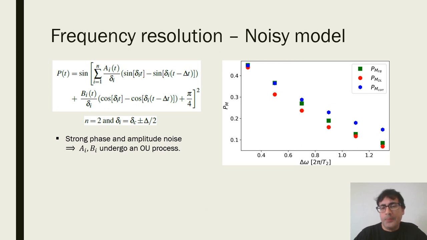This is delta omega. Here we see that the deep learning method performs slightly better than the full Bayesian method that we use with respect to the Ornstein-Uhlenbeck processes themselves, and it also performs better than the correlation-based method. Also in this case, there was a big difference in terms of computational resources and runtimes of the discrimination methods.